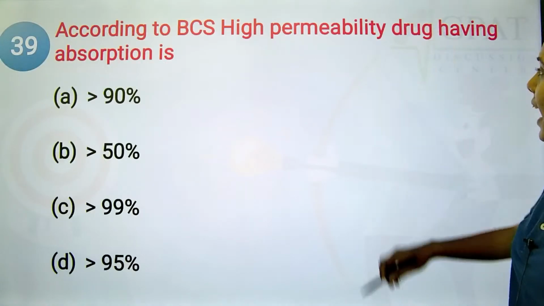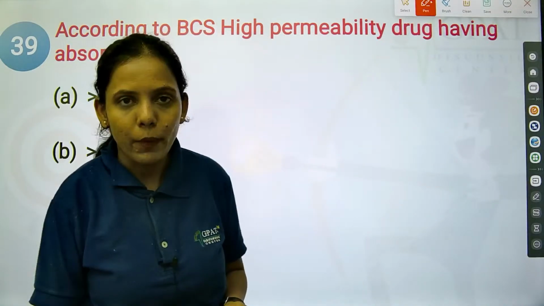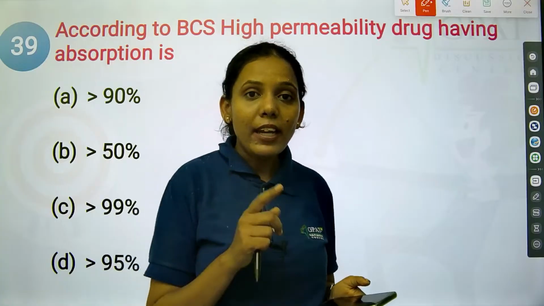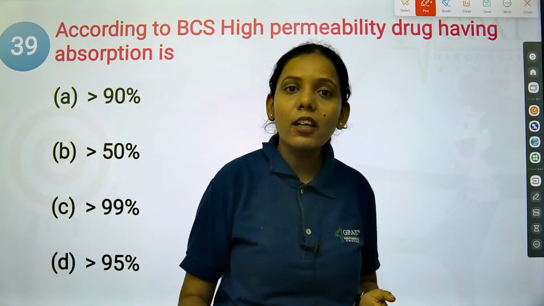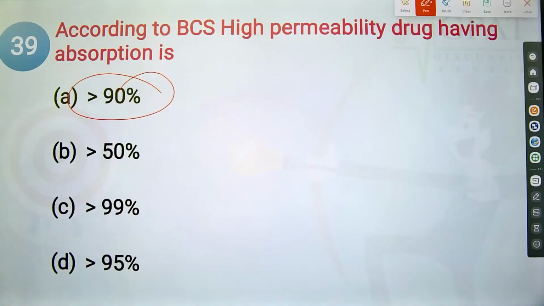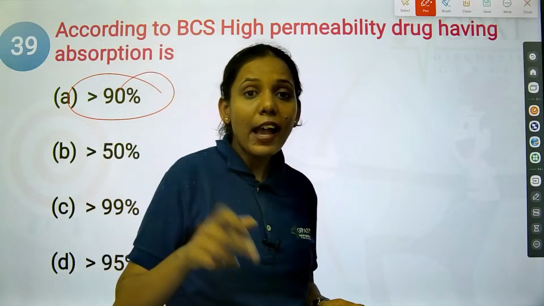According to BCS, for high permeability drugs, the absorption is greater than how much? We call a drug highly permeable when the absorption is greater than 90%. Similarly, in the BCS class there is high solubility.